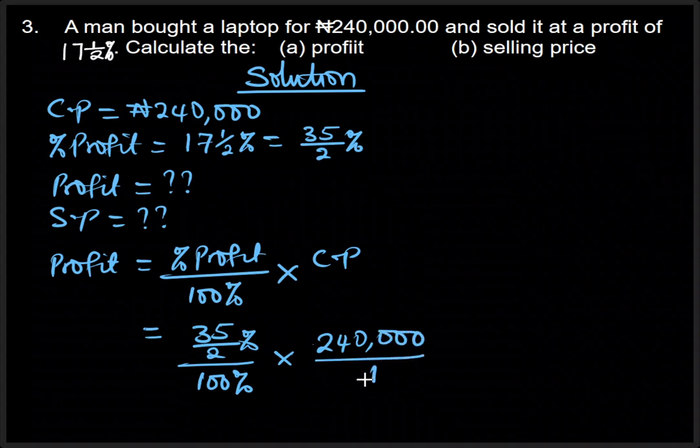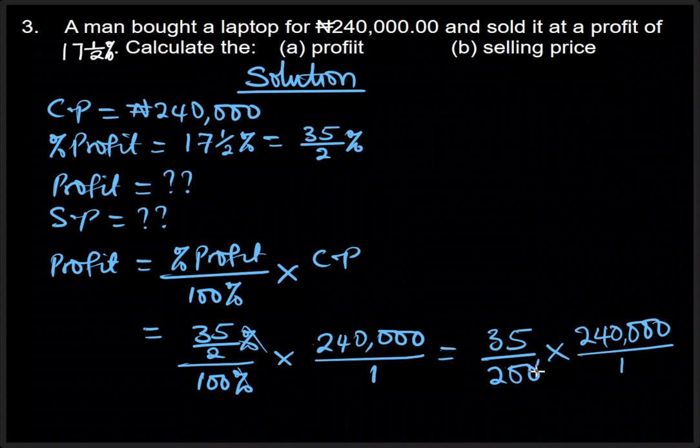Remember I said when we are dealing with percentages like this, the denominator will multiply with the 100% down here. So we'll be having 35 all over, of course the percent will cancel the percent, 35 all over 200 times 240,000.